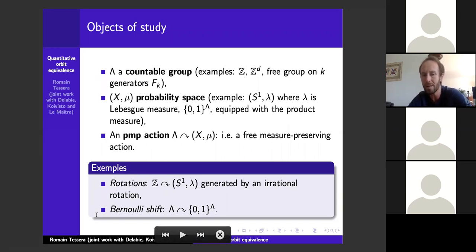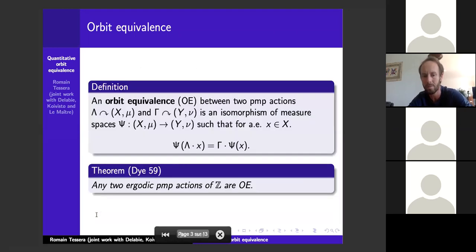And that's a bit surprising because they look really different in a sense. By the way, here you ask the actions to be ergodic because it's clear also that the orbit equivalence preserves ergodicity. So of course you have to have this assumption here.